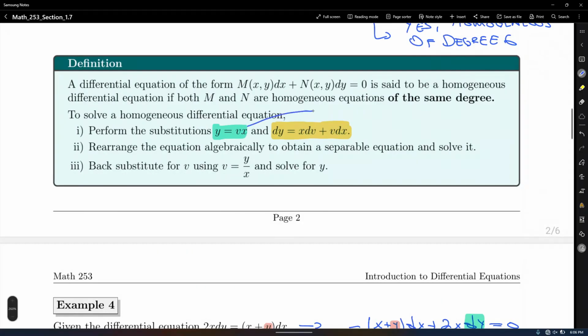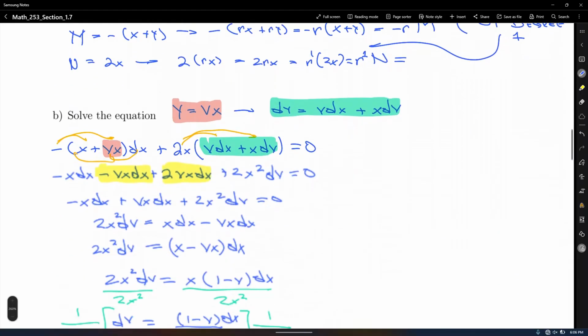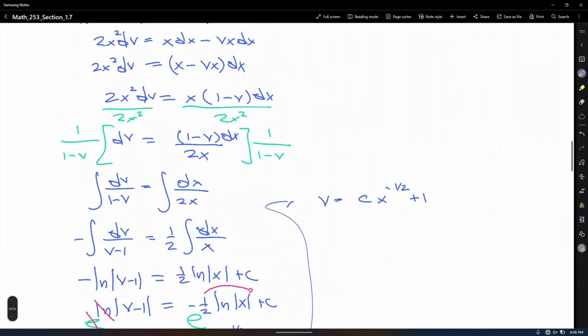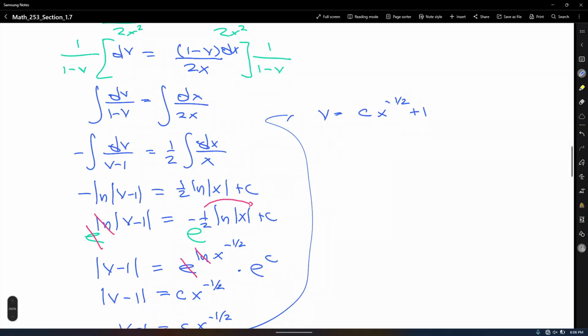So if we solve this, v equals y over x, which is how we're going to back substitute to go back to the world of xy, not the world of xv, just to get rid of that intermediate variable. So y equals vx means v equals y over x.